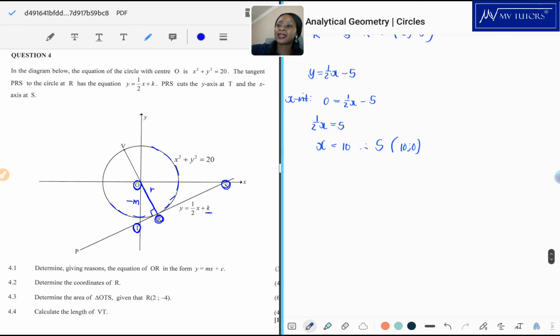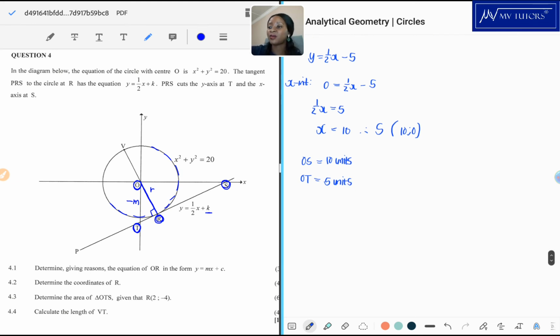So now I can get the distance of OS, that would be 10 units. And the distance of OT would be 5 units. Remember, distance cannot be negative. Okay, so yes.